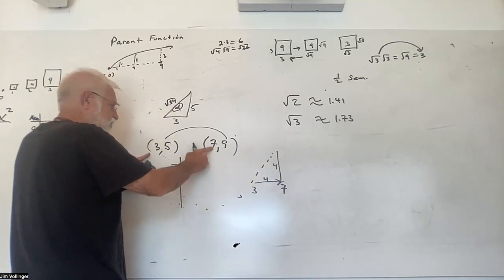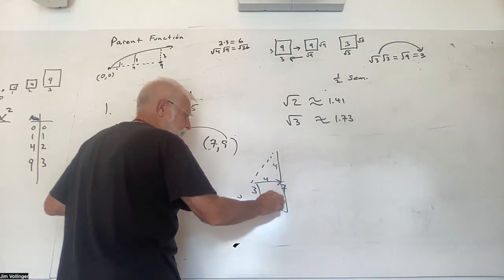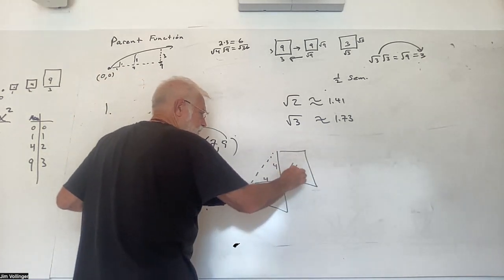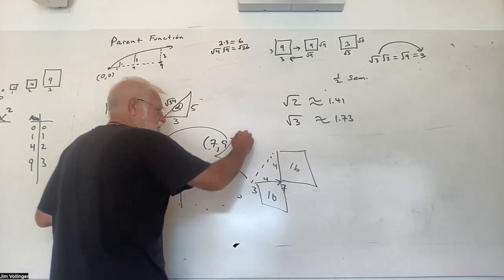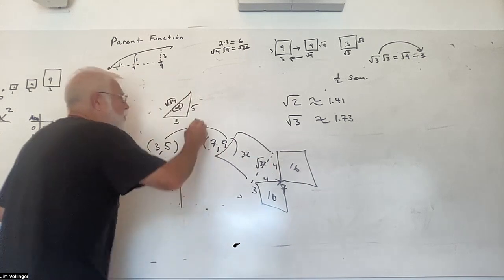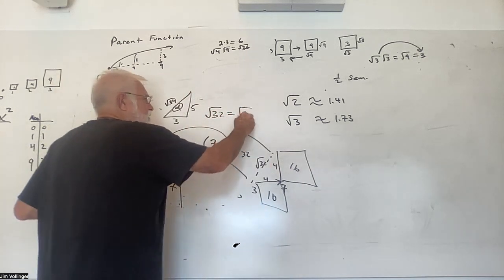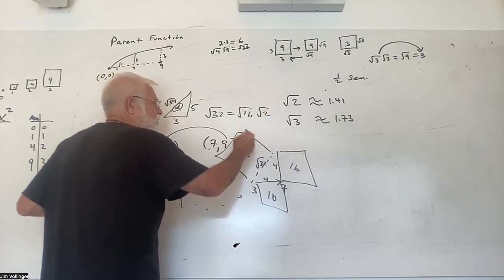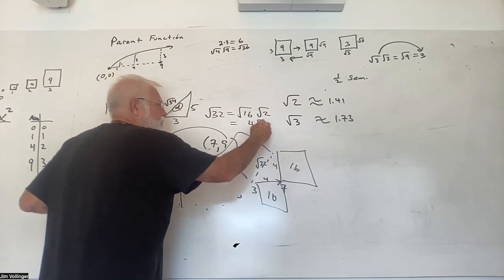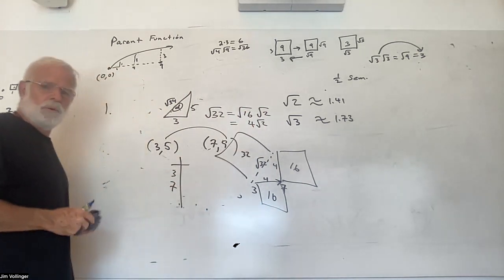I did the horizontal change, the vertical change. Pythagoras again, there's 16. There's 16. And 16 and 16 is 32. So that's the square root of 32. And I hope that you write the square root of 32 as the square root of 16 times the square root of 2. And there's your 4 root 2. And you can get a feel for it if you multiply 4 times 1.41.